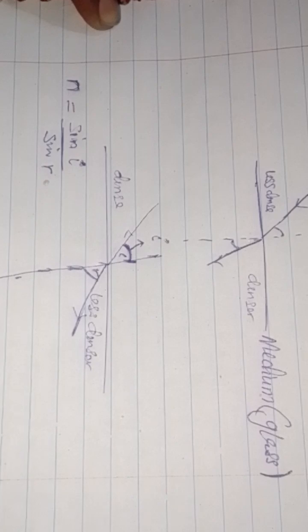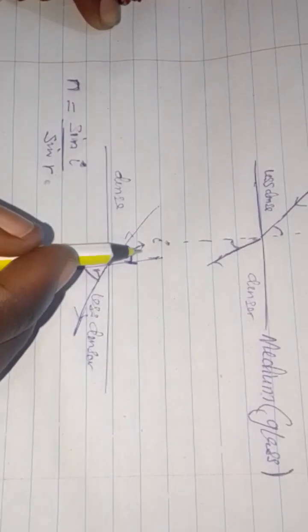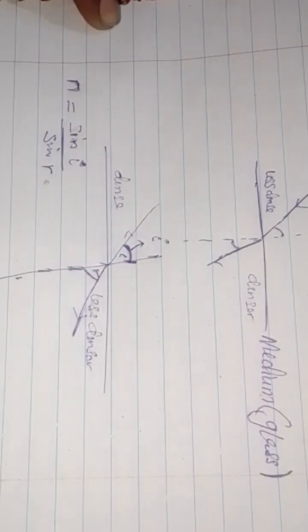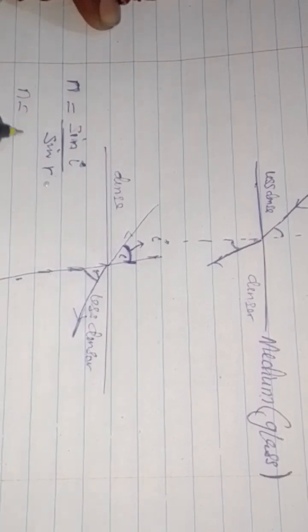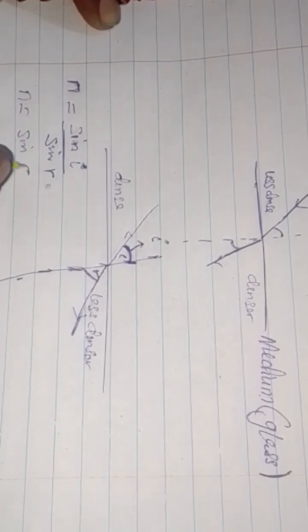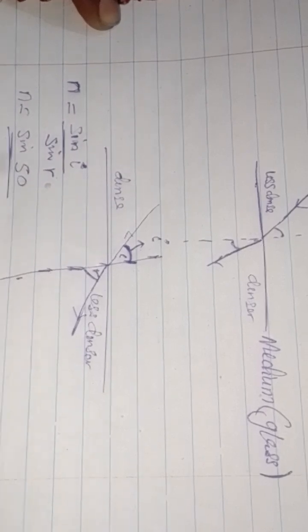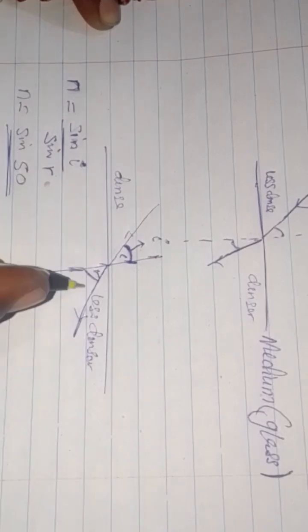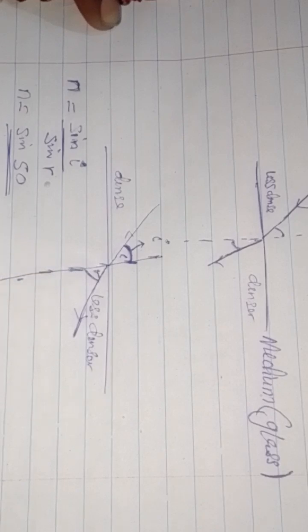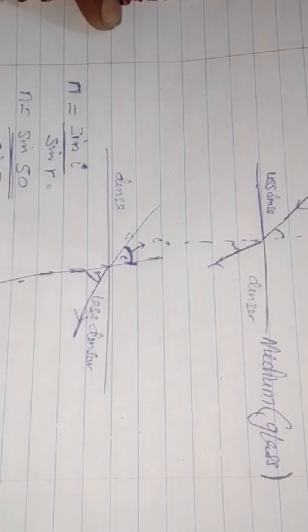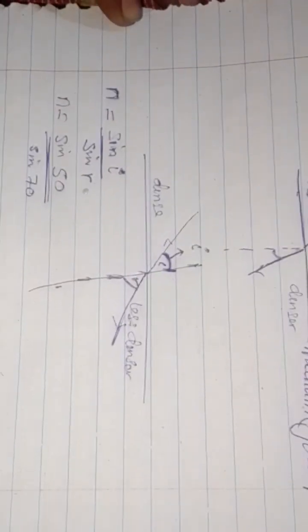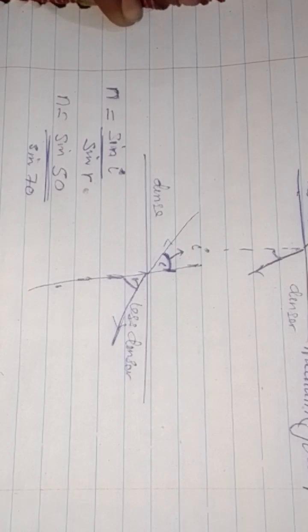For example, if the incidence angle was 50 degrees, refractive index equals sine 50 divided by sine of the refraction angle, maybe it was 70, sine 70. Then we can use a calculator, and there are no units for the refractive index. So this is what you need to know and write. Thank you.